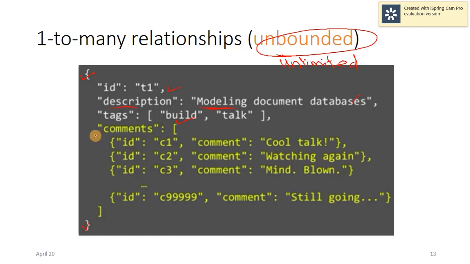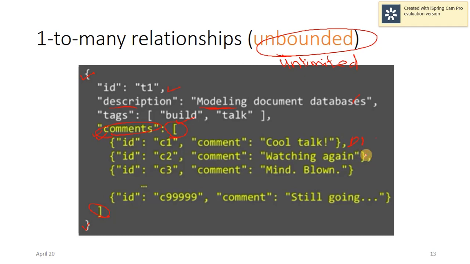This yellow font here shows another property or another name value known as comments. The comment here is actually containing a list of documents. Why do we say list of documents? Because we have this curly bracket, and each of the curly brackets is representing another document.